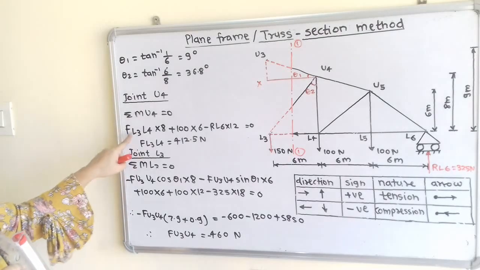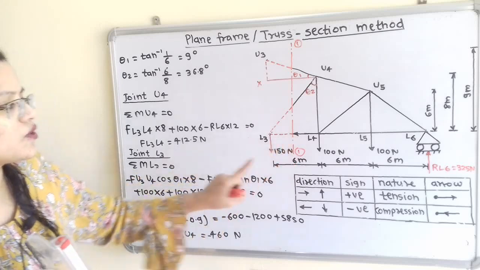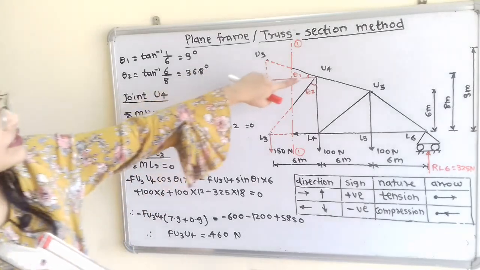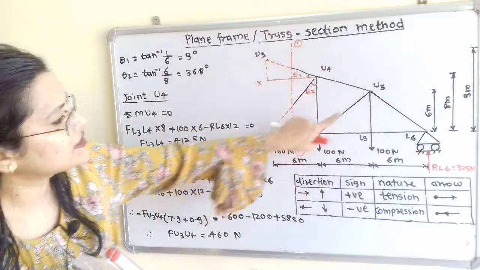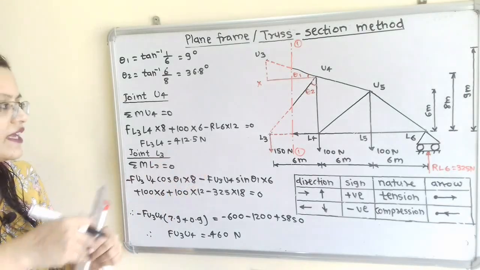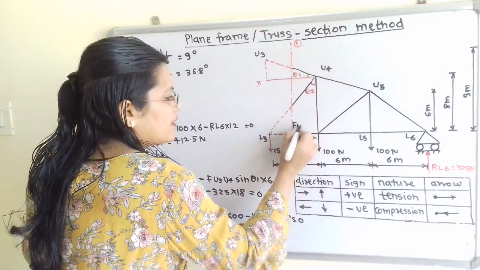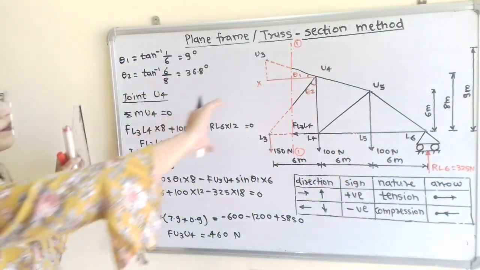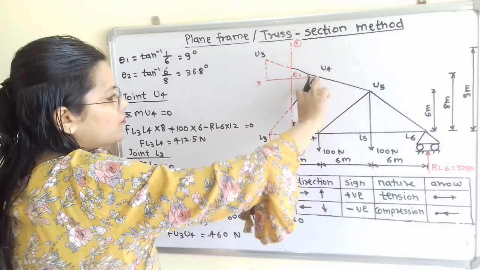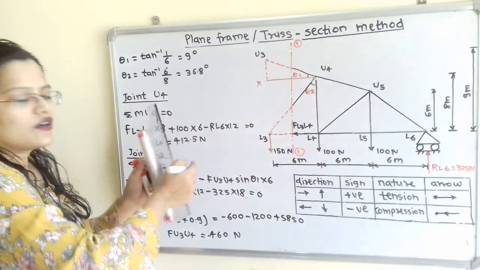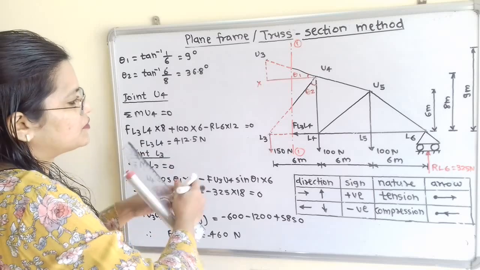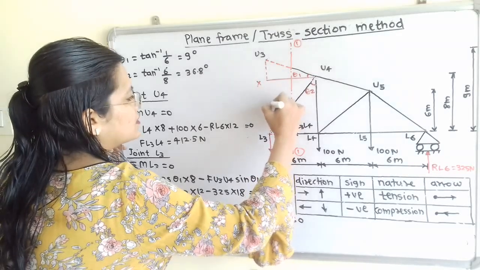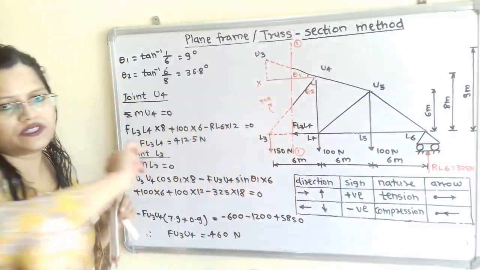This force FL3L4 is multiplied by the perpendicular distance from U4, which is 8 meter. So FL3L4 multiplied by 8. Now if I move the compass about point U4, it is in the clockwise direction, so we use a positive sign.